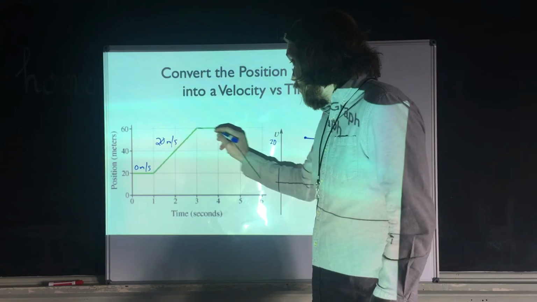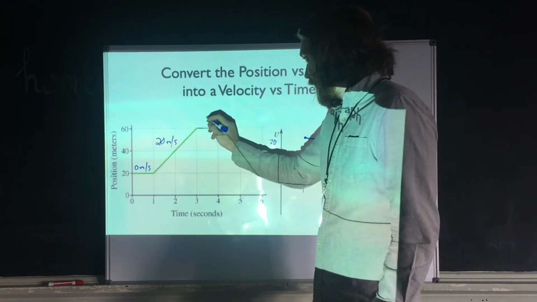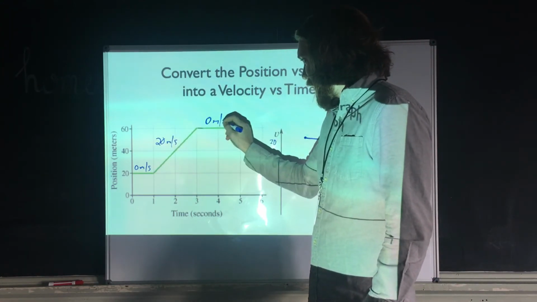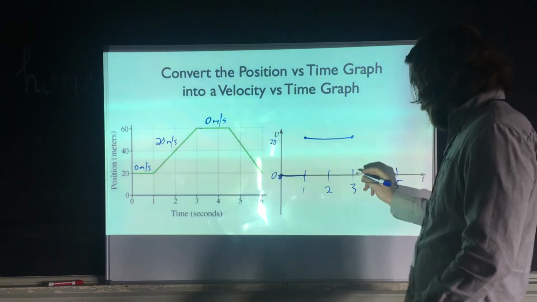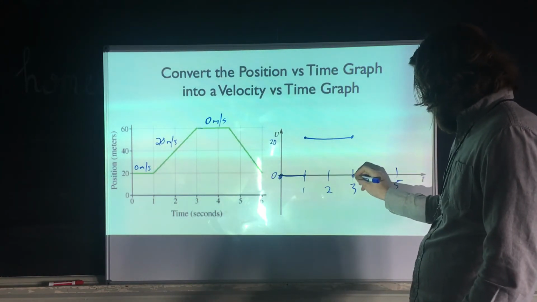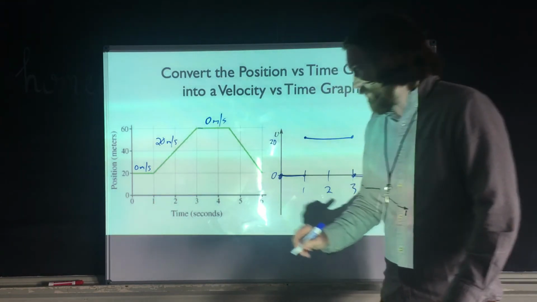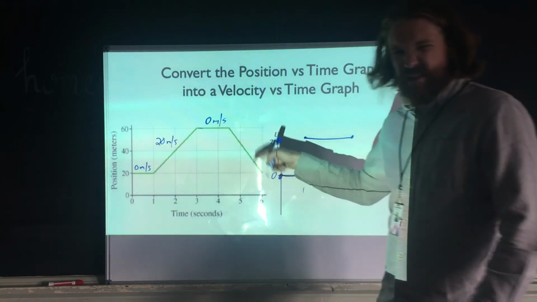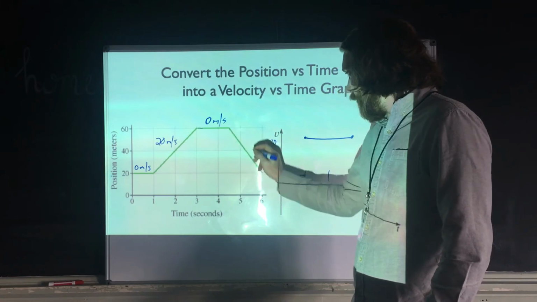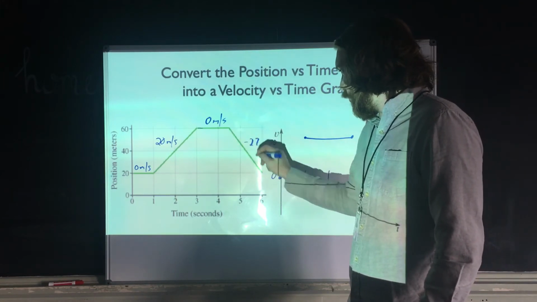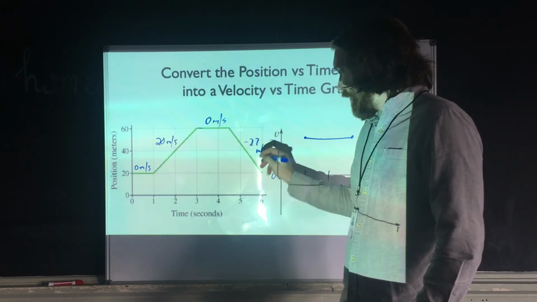Here, we have no change in position. We started at 60, we ended at 60. You can do the math, but I'm telling you that that is 0 meters per second. So from 3 seconds until 3.5 seconds, we have a 0 velocity. And now, I know that this is going to be negative because we're going down. I actually think it ends up being about negative 27 meters per second.